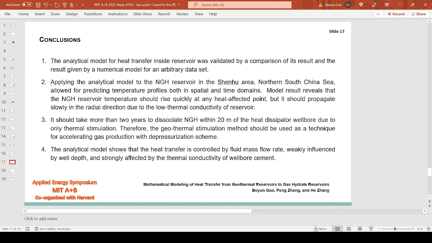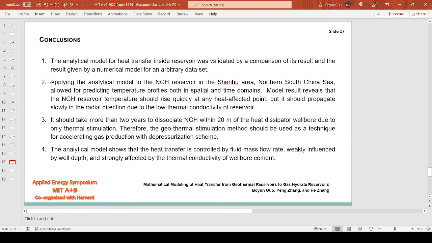Third, it should take more than 2 years to dissociate gas hydrate within 20 meters of a heat dissipating wellbore due to only thermal stimulation. Therefore, the geothermal stimulation method should be used as a technique for accelerating gas production with a depressurization scheme to reduce pressure reduction.